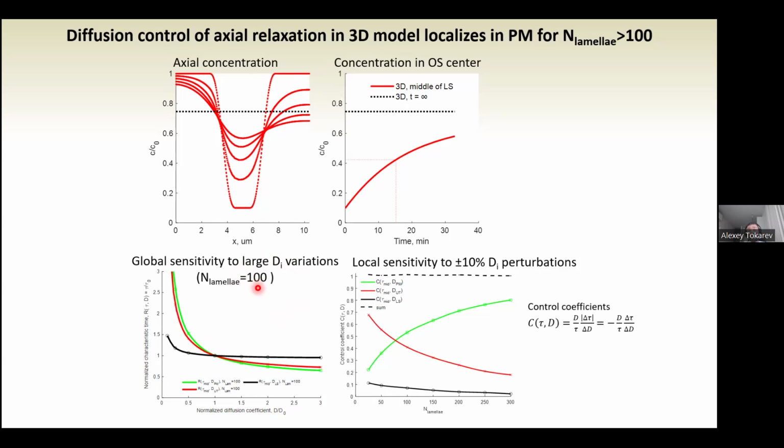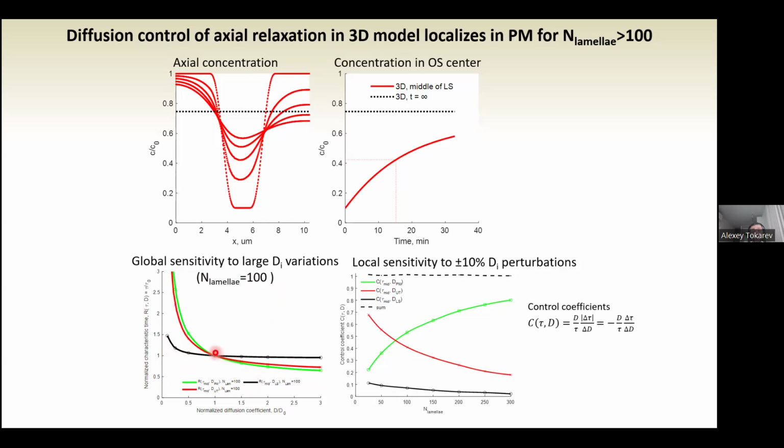So this situation is for a not very long outer segment. The next step is we can study the sensitivity in this region. So we perturb the diffusion coefficients, here increasing them 3 times and decreasing them maybe 10 times, I don't remember.